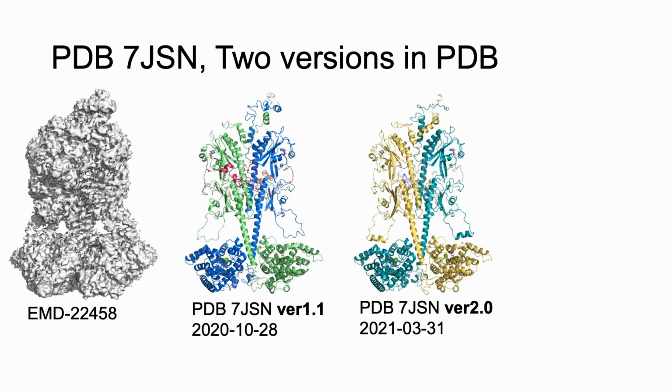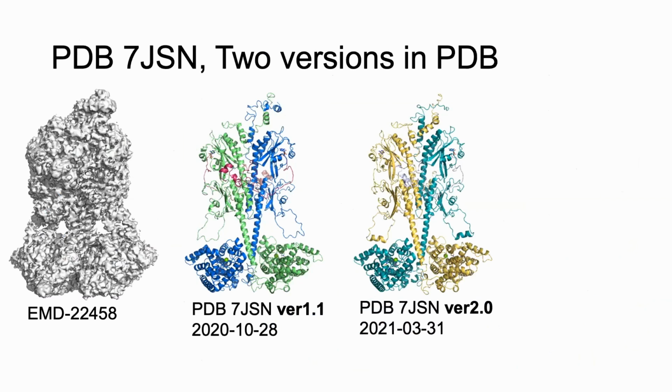Here is another actual example. In the PDB database, sometimes the entries have different versions. This is EMD-22458, with a resolution around 3 angstrom, so it is a relatively high-resolution map.